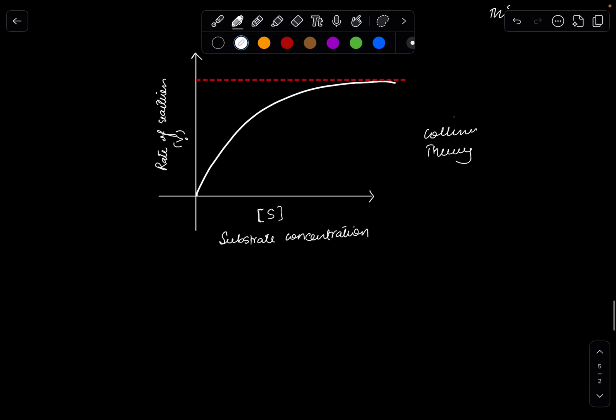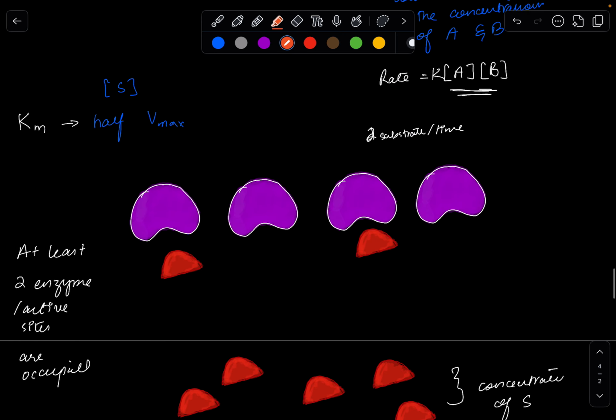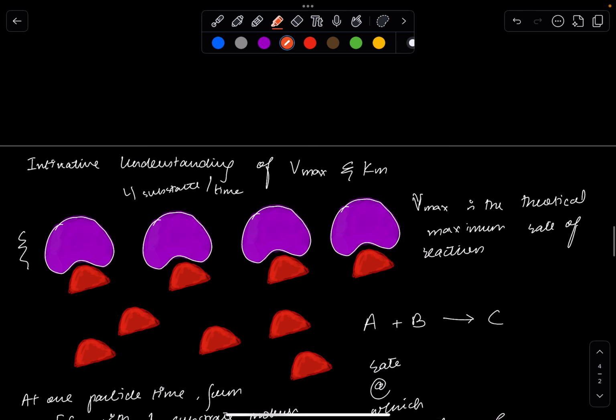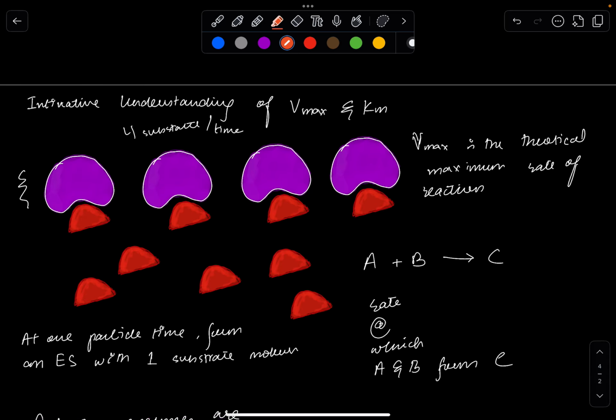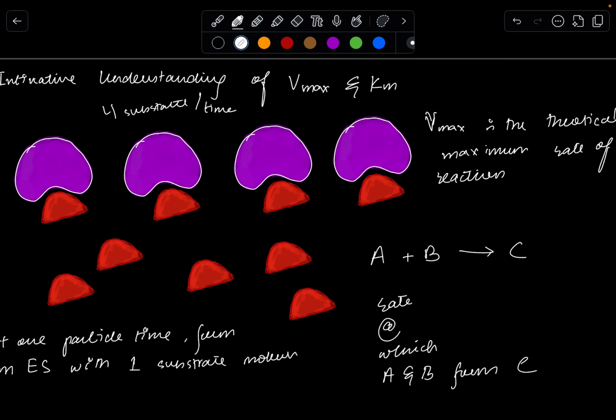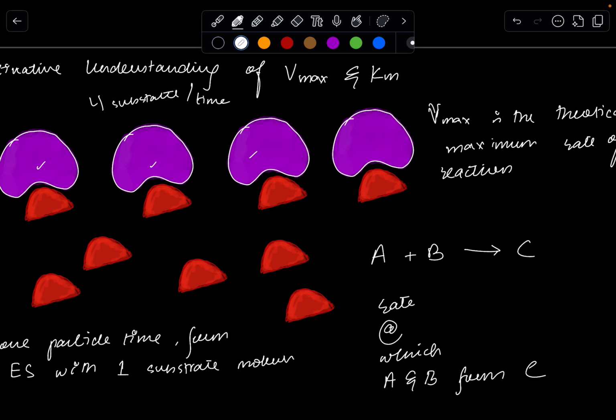So the first thing we see by increasing the substrate concentration is that the rate increases kind of linearly. But then after a while, it plateaus. Why is this plateau happening? It's happening because of Vmax. All my enzymes are occupied. All of them are working.